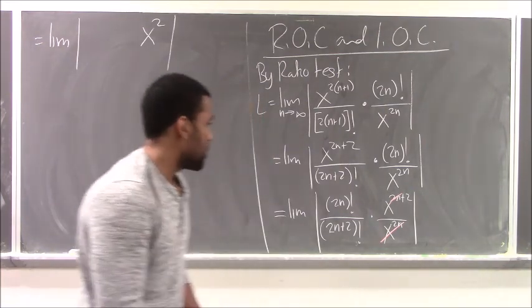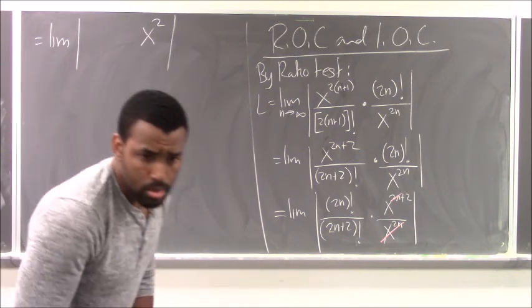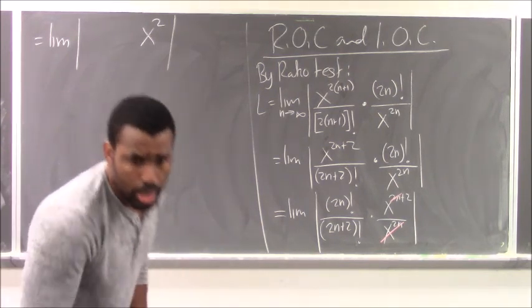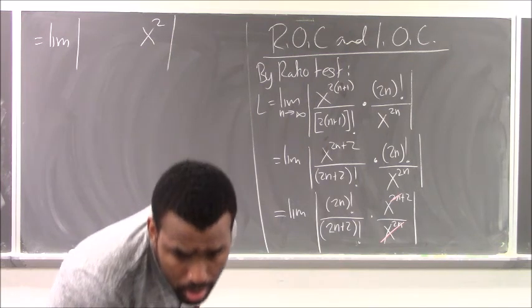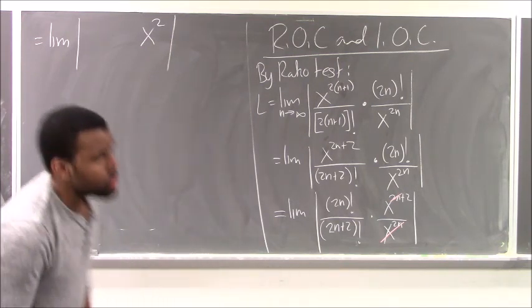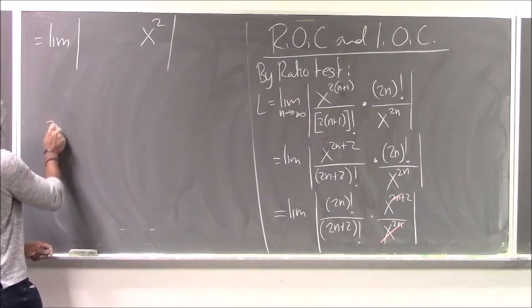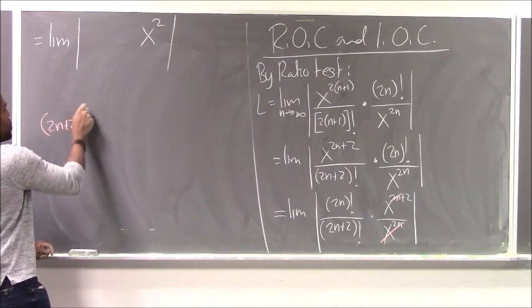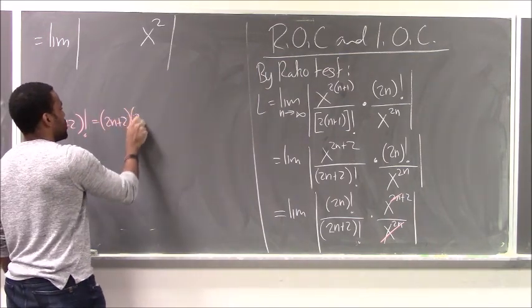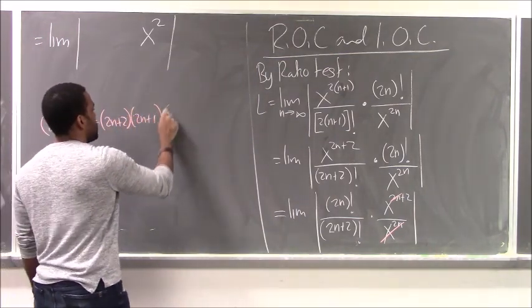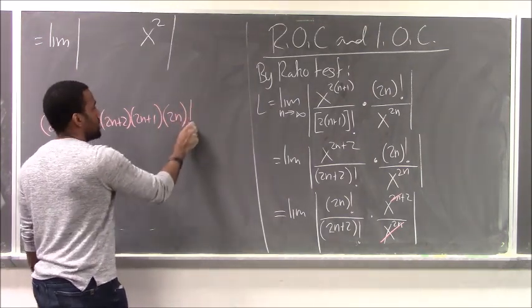Right, so remember the 2n plus 2 factorial looks like 2n plus 2 times 2n plus 1 times 2n times 2n minus 1, going on forever.